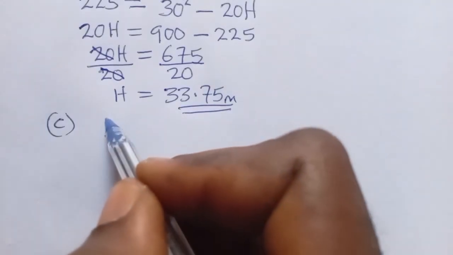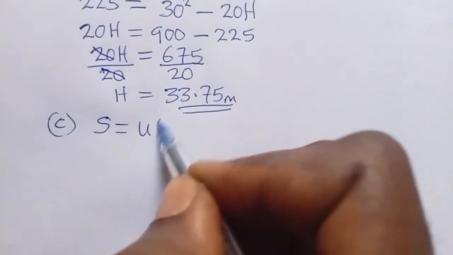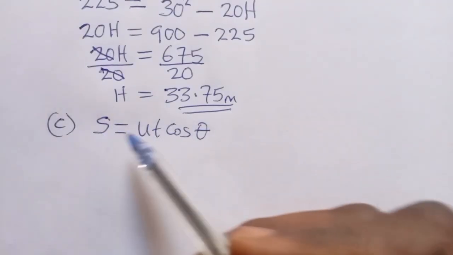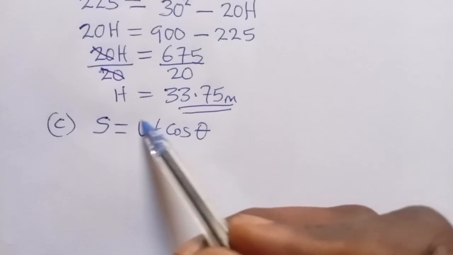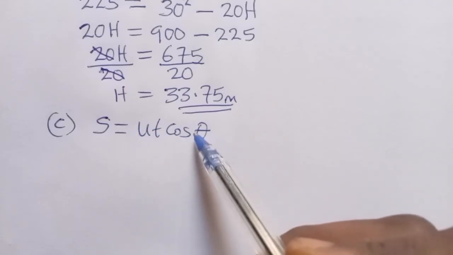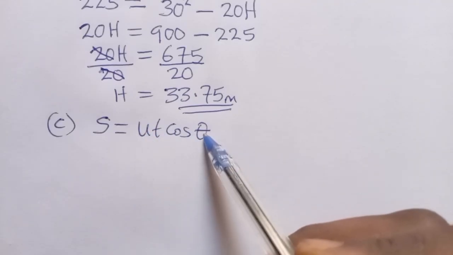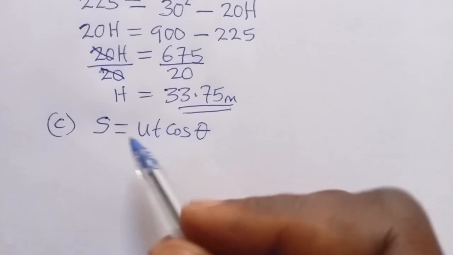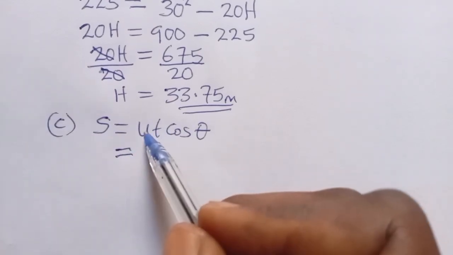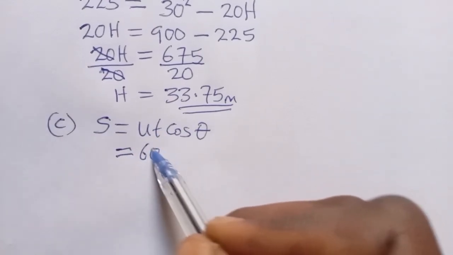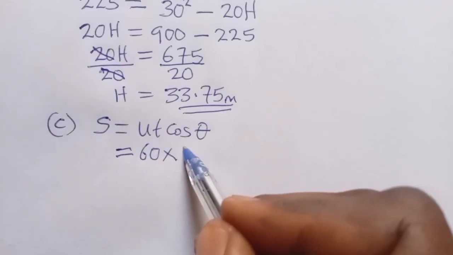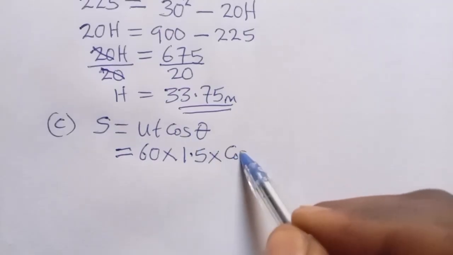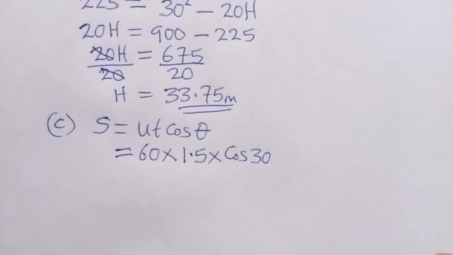So I can go on and say question C, to get the horizontal distance, I simply use the formula that S is equal to ut cos theta. This is similar to the equation S equals ut. But in place of u now, we're going to use the horizontal component of the velocity, and that is u cos theta. So we'll simply multiply by time. So this will now simplify to the value of u, which is 60, multiplied by the time 1.5, because we are told that it is at this time 1.5, and then multiply by cos 30 degree, that is, the angle is 30.